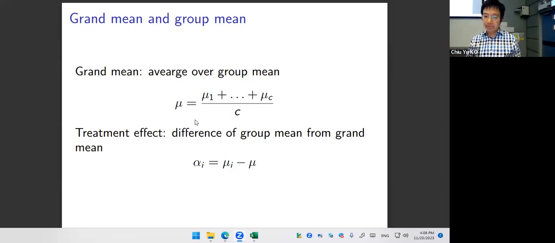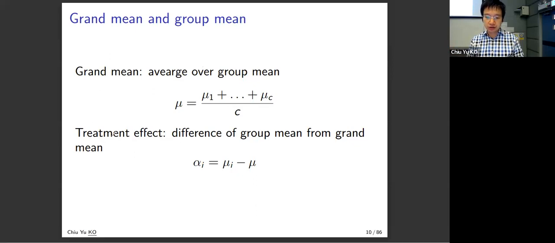Okay, overall. And what we call the treatment effect, where we rename: you call alpha i each group mean minus the overall. So sometimes we call it the difference from the grand mean. That's what they call the treatment effect. Later you will see why I call it the treatment effect.